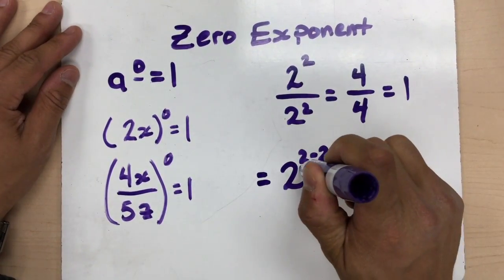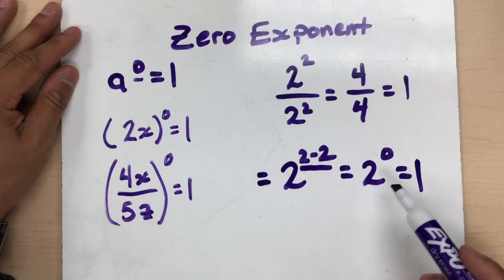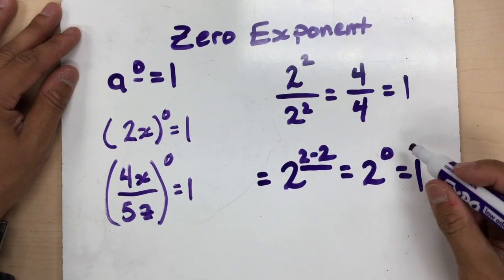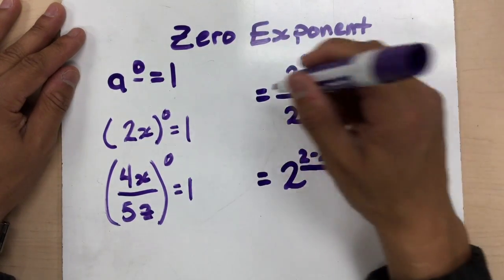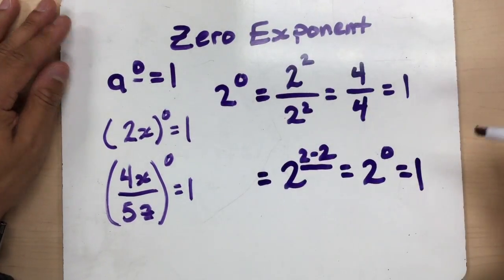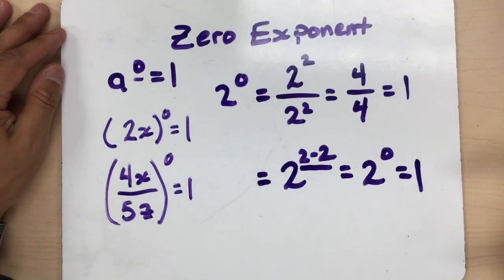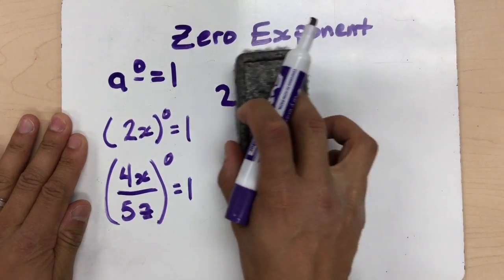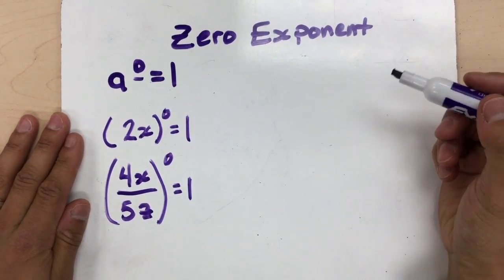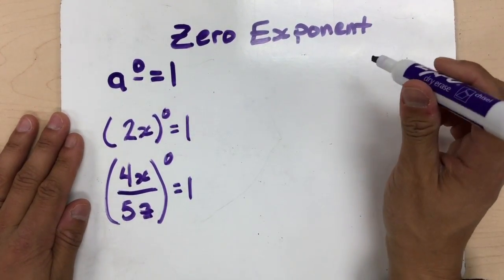We can show the same concept with exponents, which means this value is equal to 2 to the power of 0, which equals 1. And so remember, with your exponent law, anything to the power of 0 is equal to 1.